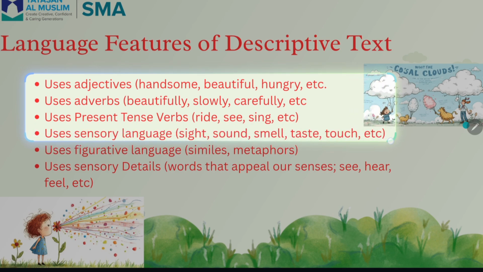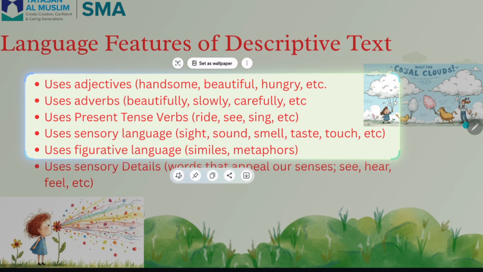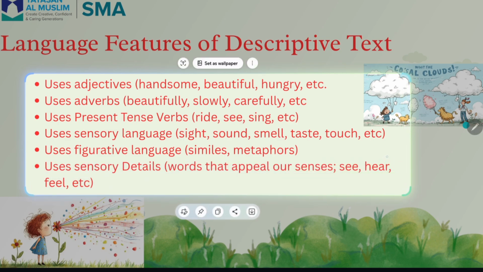Specifically for descriptive text, we usually use sensory language like sight, sound, smell, taste, touch, etc. And importantly, we use figurative language too, like similes and metaphors. And last, for the description of the object itself, we use sensory details, words that appeal to our senses, like see, hear, or feel.